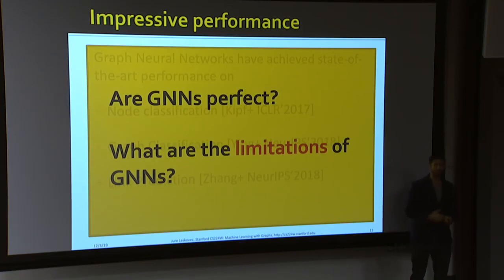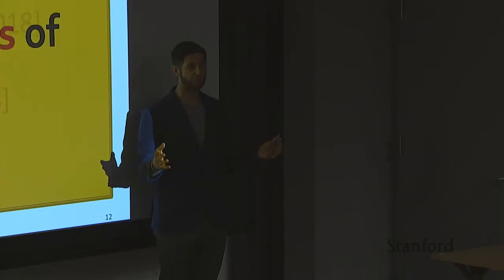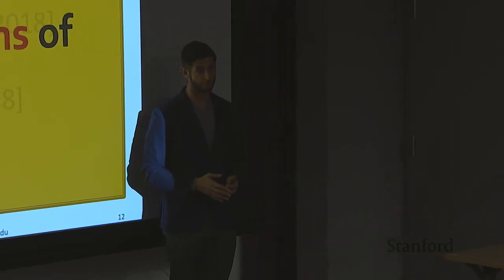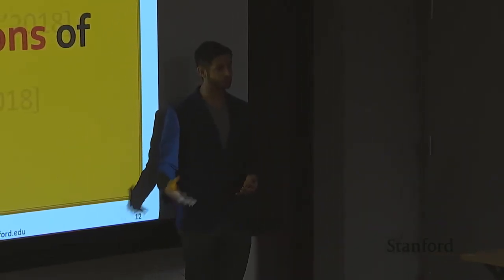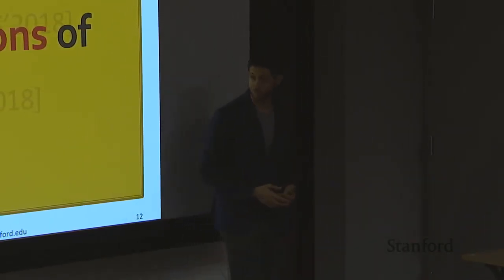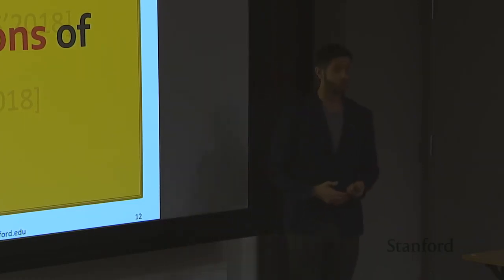But are they perfect? The fact that something is powerful and achieves state-of-the-art should never trick you into thinking it's a silver bullet that solves every possible problem on that kind of data structure, all right? So that's why we wanted to introduce this lecture at the end of the course, to tell you there are also some limitations to GNNs. They don't work on all possible real-world data sets that you could be using.